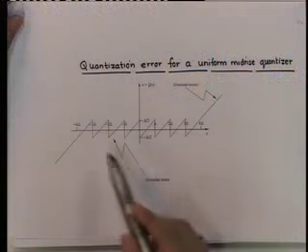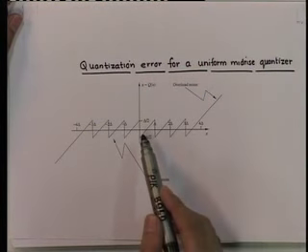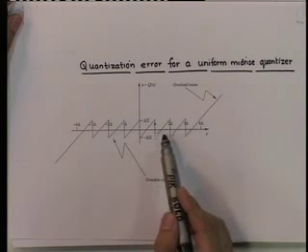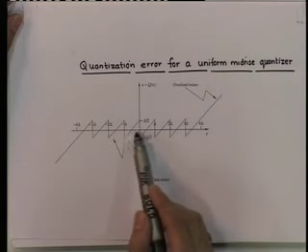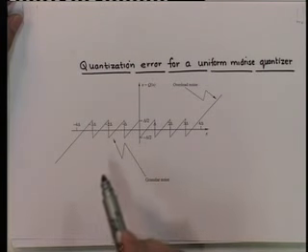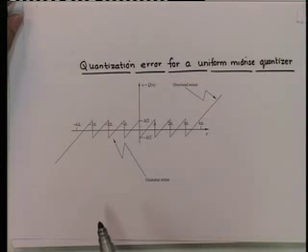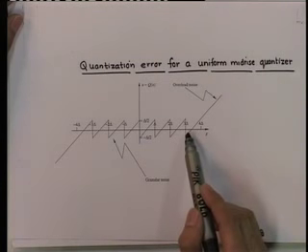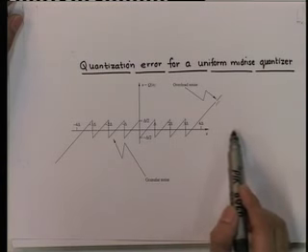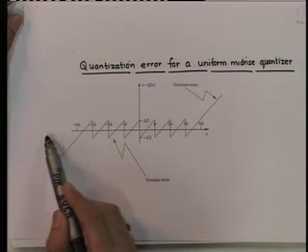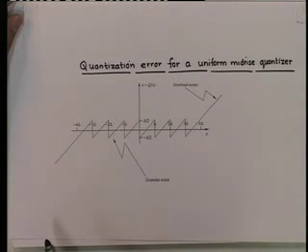So, the quantization error as a function of input is shown in the following figure. From this figure, we see that in the inner intervals, the error is still bounded by delta by 2. However, the quantization error in the outer intervals is unbounded.